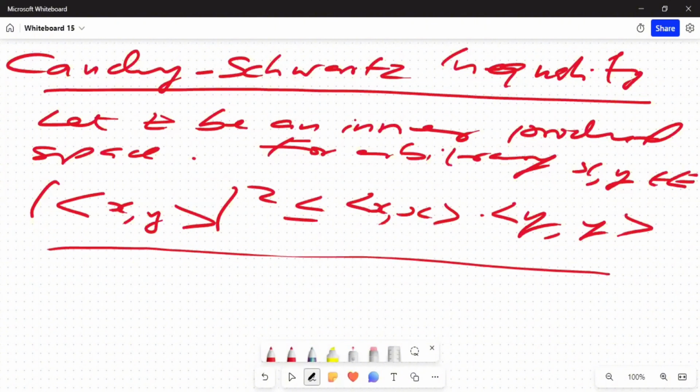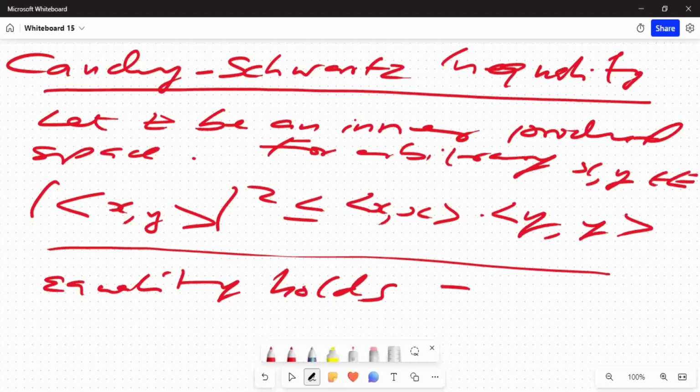Okay, so this is known as the Cauchy-Schwarz inequality. And as a matter of fact, instead of this inequality, equality will hold if and only if x and y are linearly dependent.